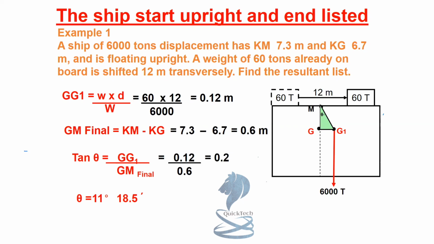Therefore, the shift of 60 tons over a distance of 12 meters will create a list of 11 degrees 18.5 minutes. Here in the question, the direction of shift of the 60 ton weight is not given, either port to starboard or starboard to port, so we only calculate the degree of list, theta, without specifying port or starboard. Hence it is only theta equal to 11 degrees 18.5 minutes.